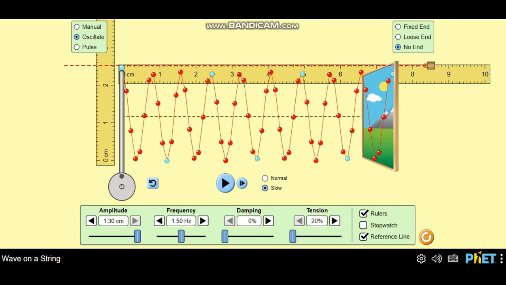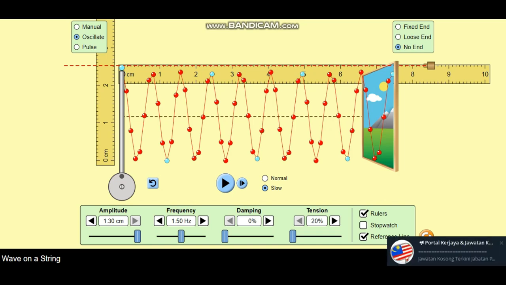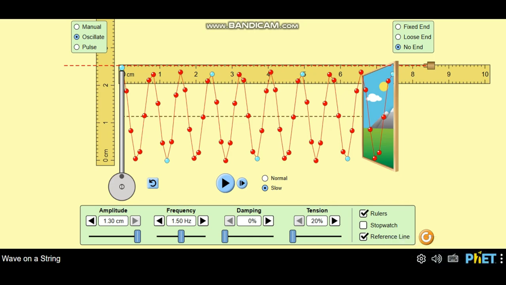Lastly, I will explain the standing wave. You can see it forms from two waves of the same frequency, wavelength, and amplitude traveling in opposite directions and interfering with each other. The wave on the screen occurs due to the reflection at the end of the string.